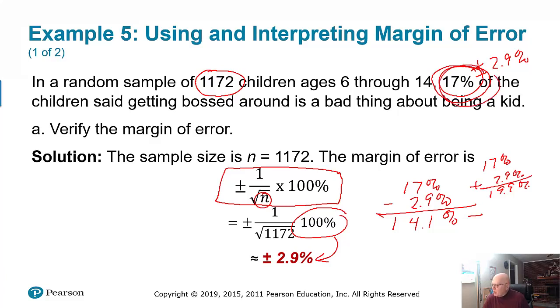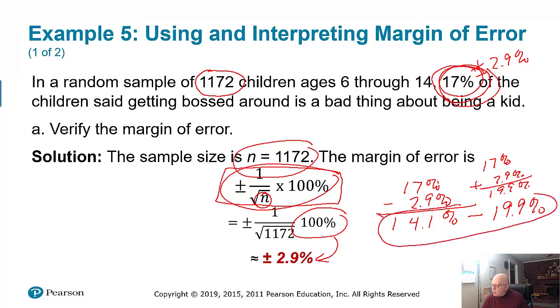Take this number with the 95%, and subtract it from the number you got. That gives you the low value, and there's the higher value. That means you're 95% sure that the 17% is really 14.1 to 19.9%.